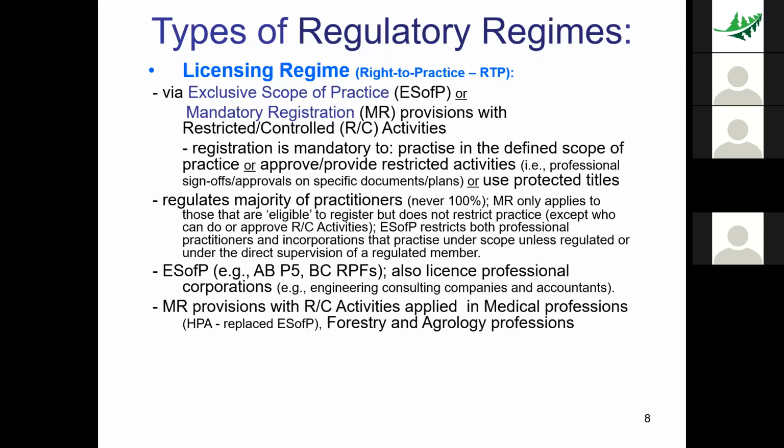So I think it's obvious why the government would give out these 2 types of regimes. As you start to see the health and safety of the public at risk, especially in the Health Professions Act, you see them moving towards mandatory registration with restricted activities, right to practice. In the engineering world, the architecture, you don't want bridges falling down on you or buildings. So that's a very high safety issue.